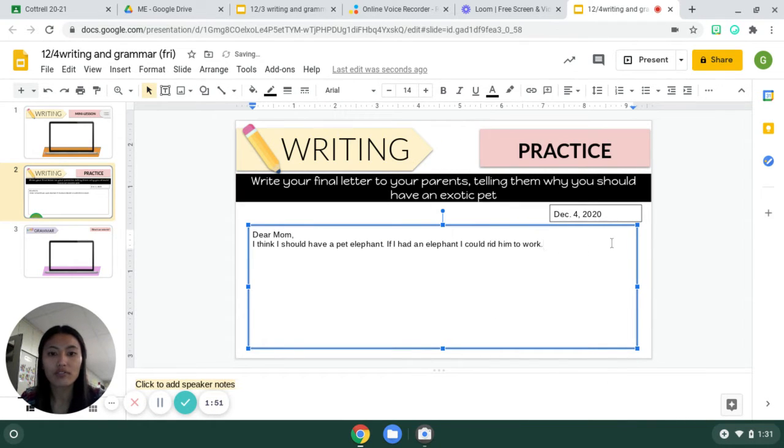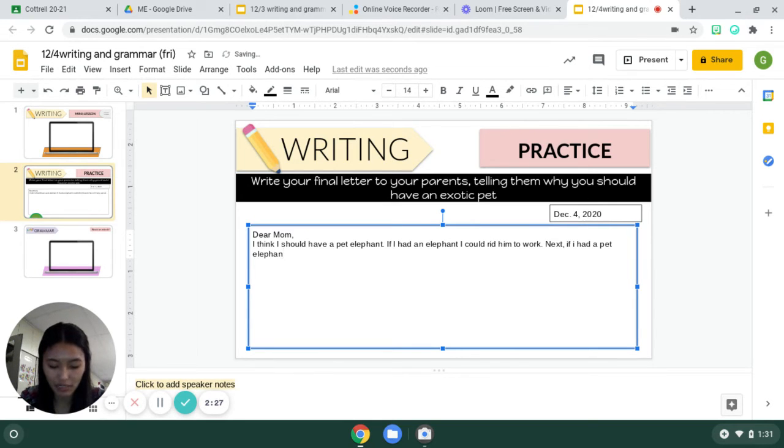Okay? So I've got part of my letter, and I'm going to keep typing now, and as I type, I'm going to check and see if I have any other mistakes that I might need to fix. So I'm going to keep typing, and I'm going to use that transition word I put in yesterday. Next, if I had a pet, and I'm going to look back because I spelled elephant wrong in my writing yesterday, but now I know how to spell it right because I put it in right here correctly. So I'm going to go back and look at that spelling and spell it correctly.